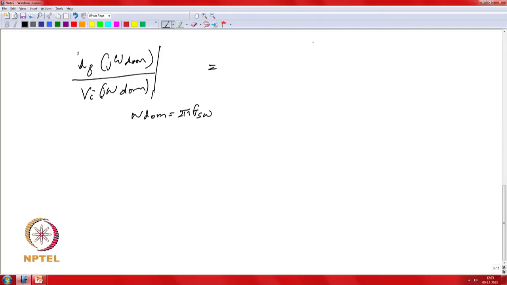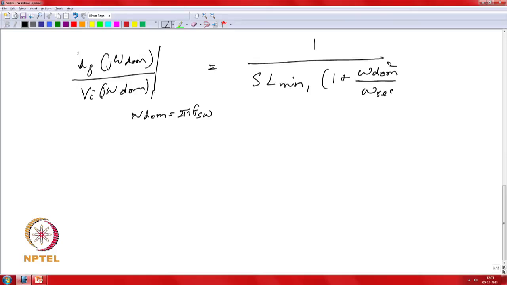This would correspond to 1 by S L min times 1 plus omega dom square by omega resonant. So, we know that your Ig has a value of 0.003 on a per unit basis, and your Vi can be obtained from your Fourier inverter harmonic spectrum.